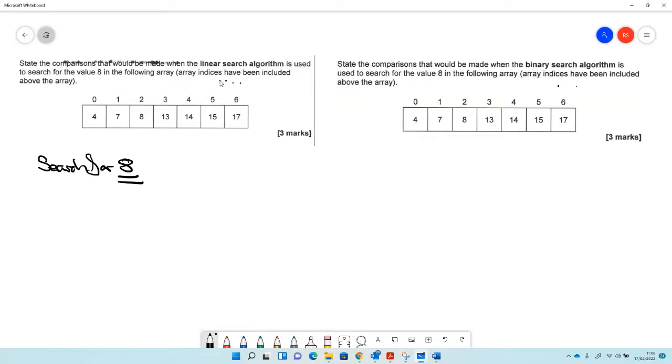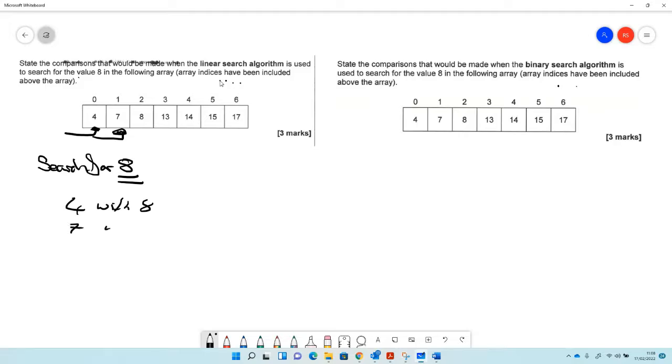Well, the linear search algorithm, we're searching for 8, the value 8. What it does is start at the left-hand side and it says, is this value 8? So is 4 8? The answer's no. So we compare 4 with 8. Then we'll move along, we compare the next value.